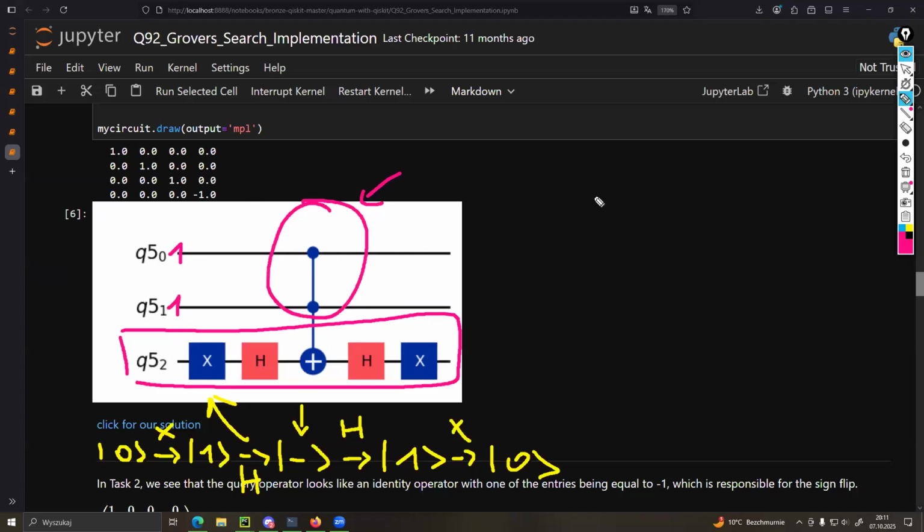And since we always apply an I operation, you just don't see it, but it is always applied. You can pretend as if it is always here. So here, here, here, identity.